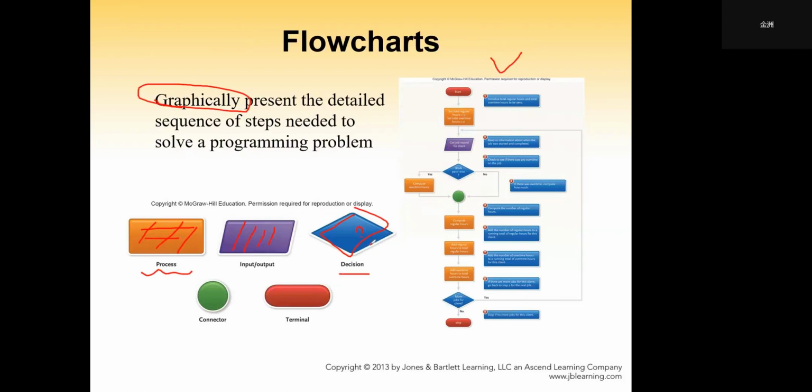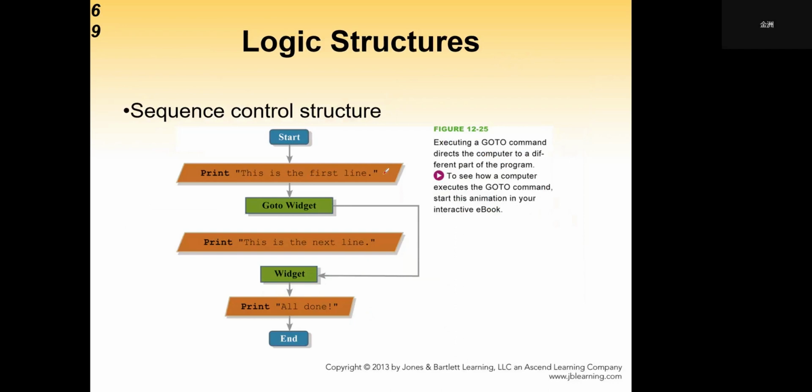So it is a question here. Then it has several branches. If yes, it goes to one kind of instructions, and if no, it goes to another kind of instructions. And also we have some connectors. Then we know what the flowchart looks like. We use different shapes to represent different situations, and it is used to represent the algorithm in sequential steps.